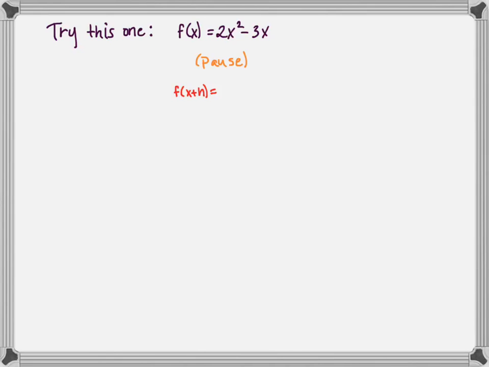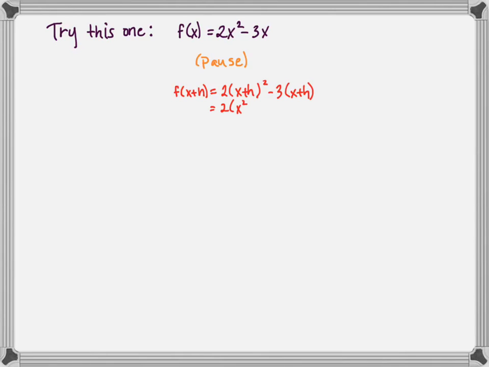Okay, so hopefully the first thing you did was calculate f of x plus h. So I'm going to write my f of x with parentheses where the x's go. So 2 times parentheses squared minus 3 times parentheses. So there's 2 places that we're substituting in x plus h. Substituting it in the first parentheses and the second parentheses.